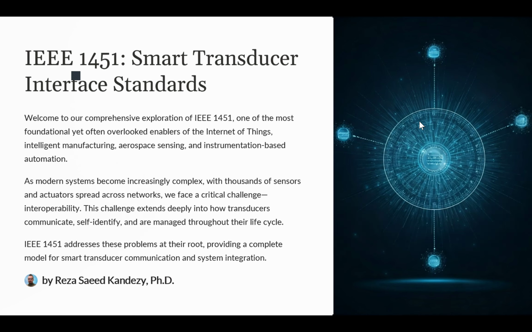we are able to have interoperability and plug and play functionality that makes the transducer connect into the smart network with self description and self validation.